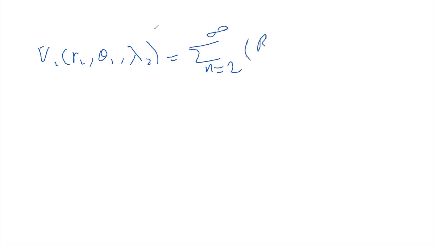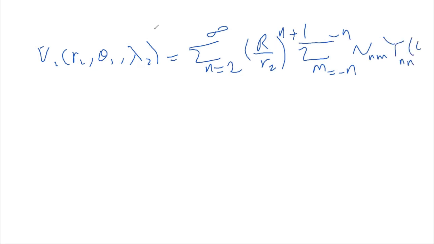For the second satellite, I have R2, theta 2, and lambda 2. I can write the spherical harmonic expansion in 2 to infinity, R over R2 to the n plus 1, summation m from minus n to n, V n m Y n m, but this time at theta 2 lambda 2 for the second satellite.